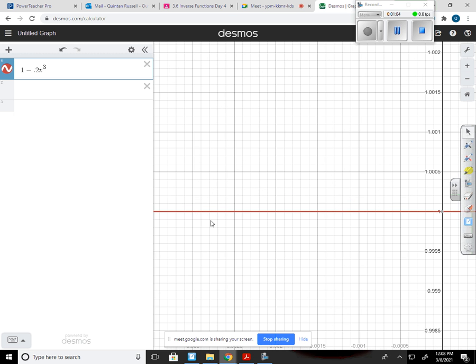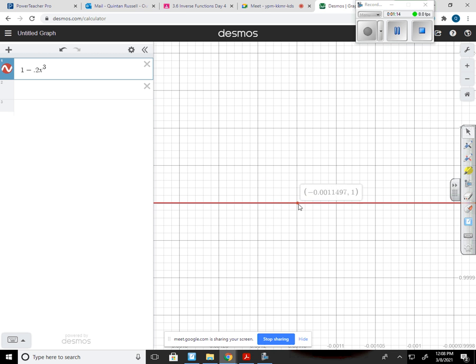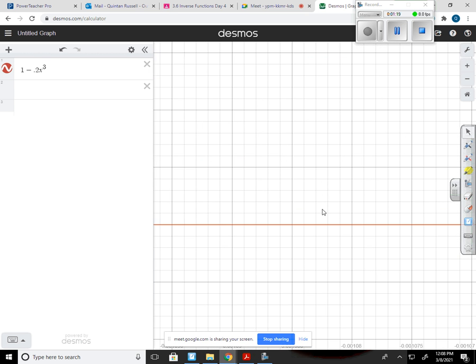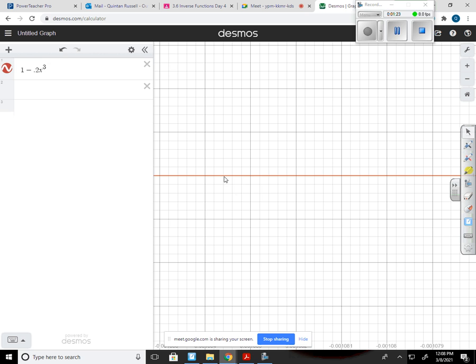And so if we look and notice that our number is not, see how the 1 is not changing here? If I zoom in further, you'll find out that the 1 changes. It is changing by such a small amount that Desmos is just dropping it off.